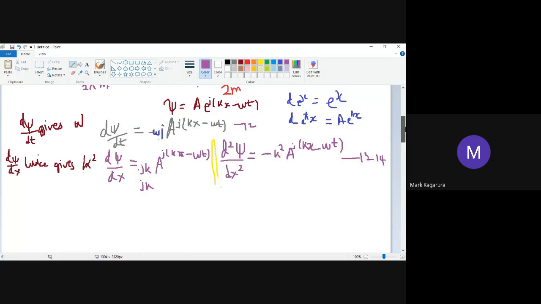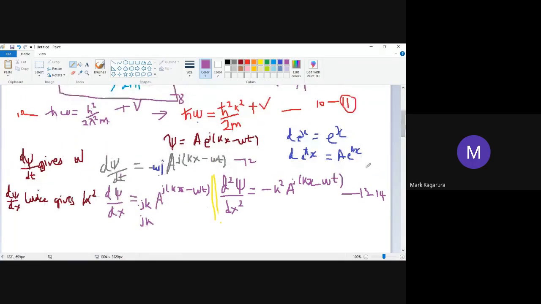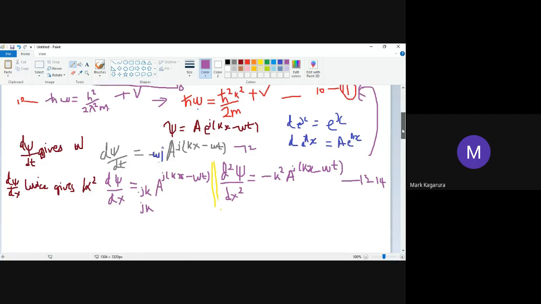So we can replace 14 and 12 back into 11, right? So we make omega here the subject of that equation, and then replace it in 11. So we don't have too many steps.